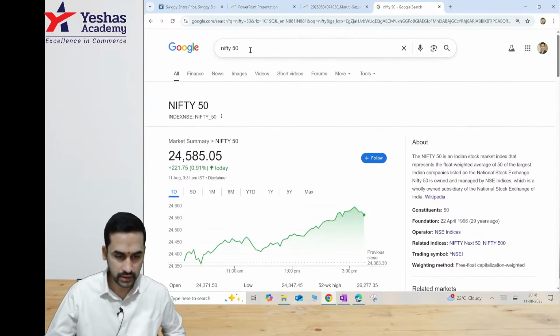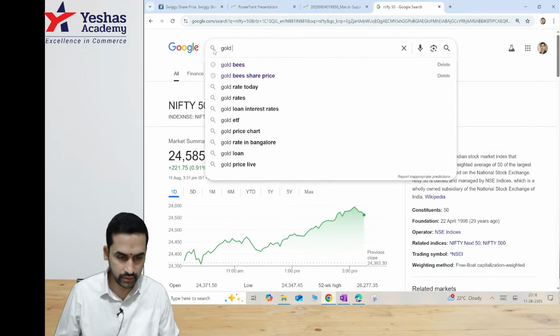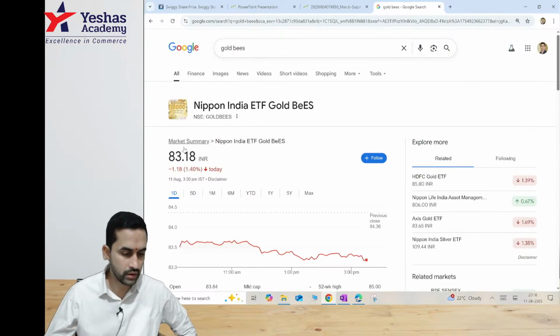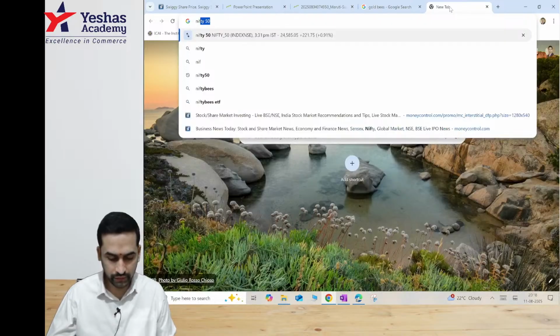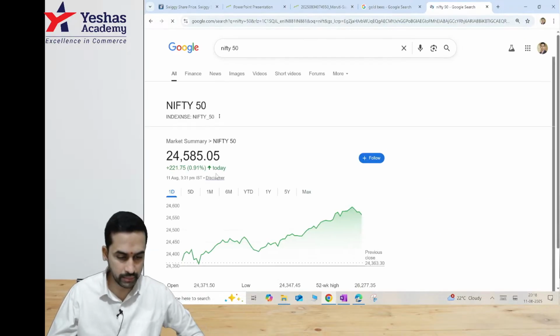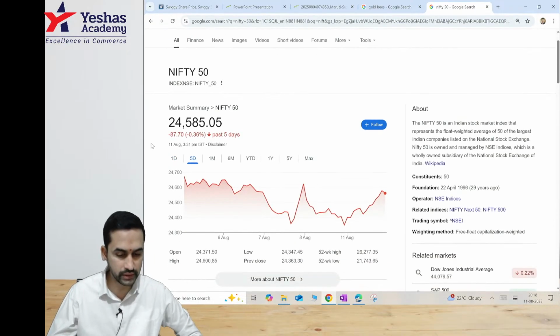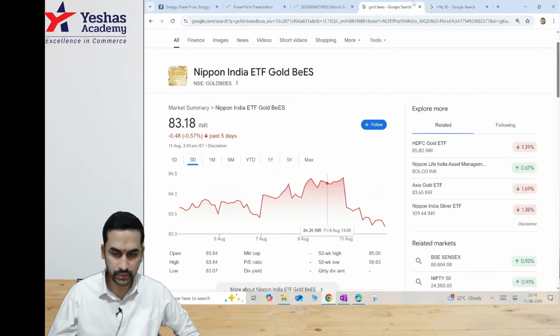And today gold price has gone down 1.4%. Check the last 5 days: continuously gold was on a higher trend and Nifty was on a lower trend. I'm keeping both 5 day graphs on the sheet. Can you see? Nifty was continuously down, and gold was going up.